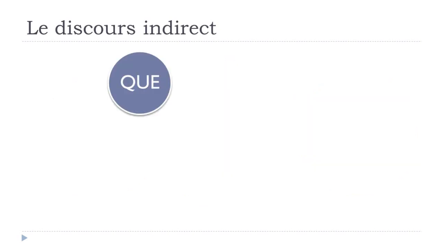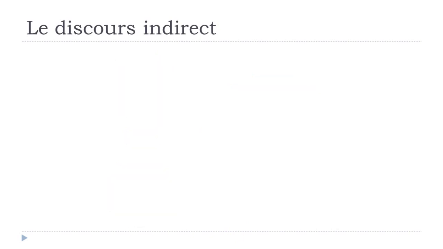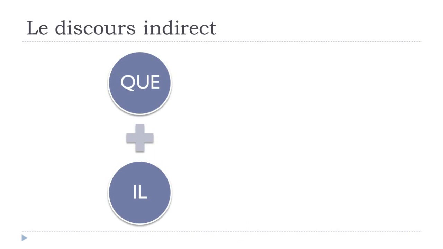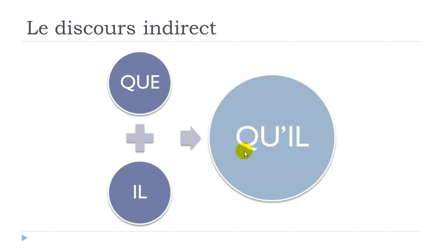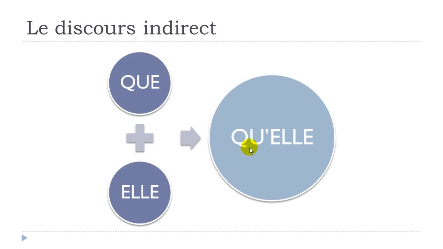Keep in mind that que, if it is combined, as we saw, with a vowel, will become qu', so the e needs to go away. The classical example that we had was que and il, and it becomes qu'il. It could be que and elle, and it will become qu'elle. Or if we're talking about first names that start with a vowel, it will be exactly the same thing.